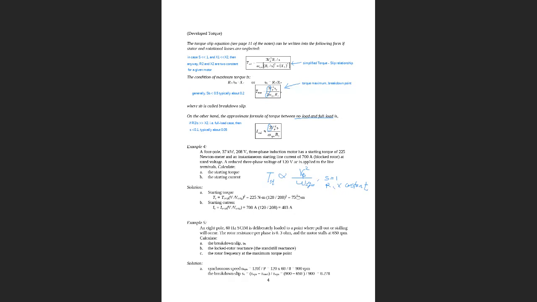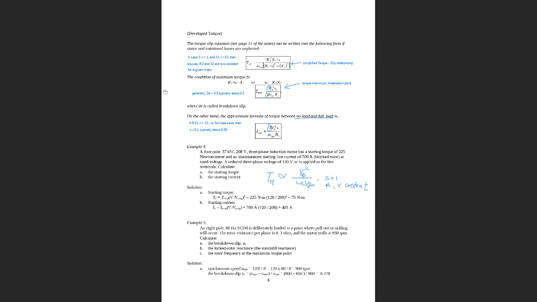Generally, at the moment of starting, the slip is equal to 1. The resistance and reactance are constant. The starting torque is proportional to the phase voltage squared over the synchronous speed. Remember this one.